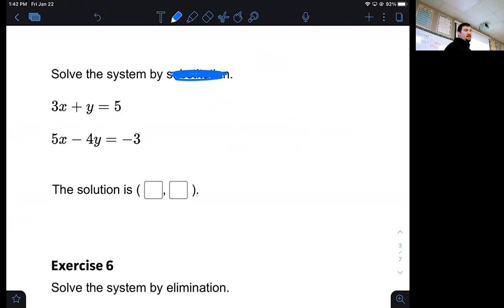That way you're not just copying me down, and I don't want to be the one making the decisions for you on your test. So I'll let you decide whether or not you want to use substitution or elimination. And then we can chat about which one you think was better.